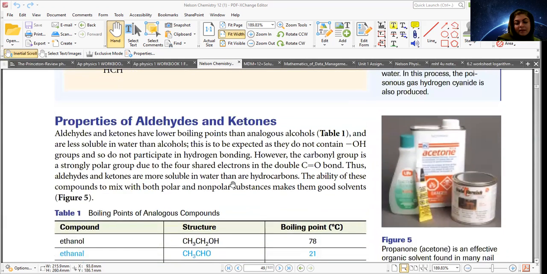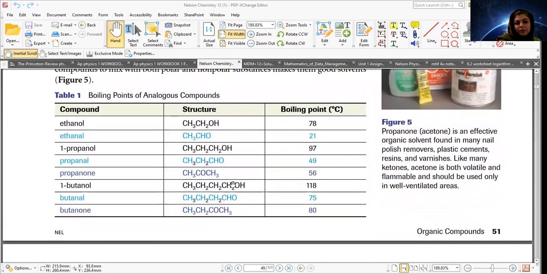Properties of aldehydes and ketones. Seeing that ethanol is an alcohol and ethanal is an aldehyde, the OH is more polar than the double bond with oxygen. That is, you see the boiling point of the alcohol compared to the aldehyde is much higher if they consist of the same number of carbons.